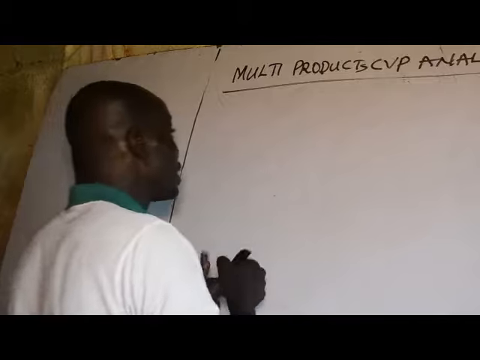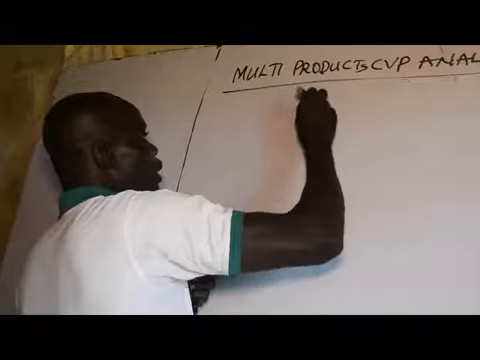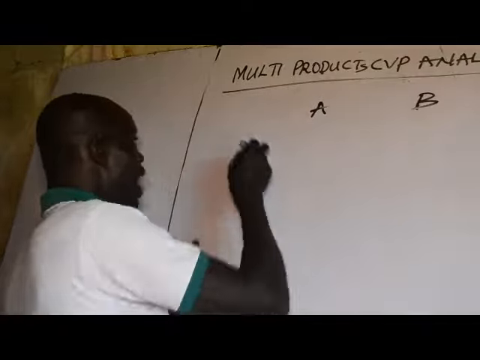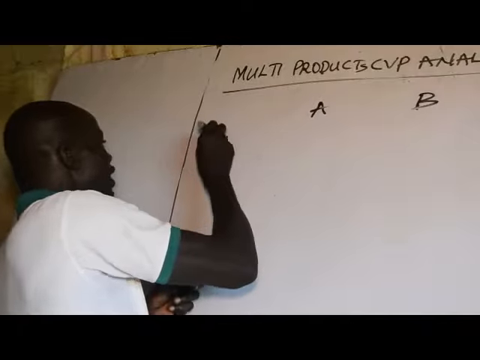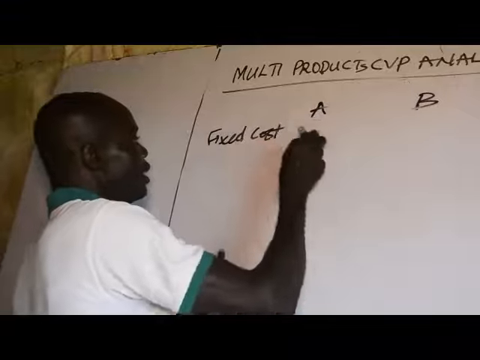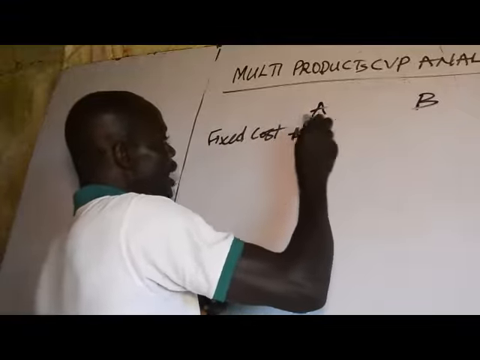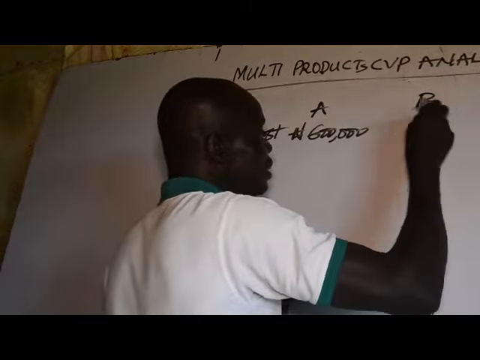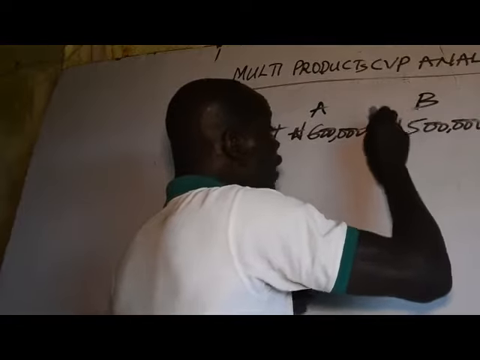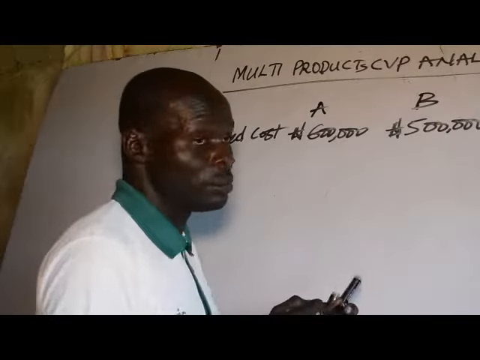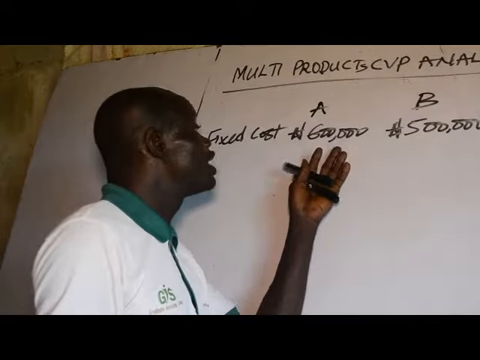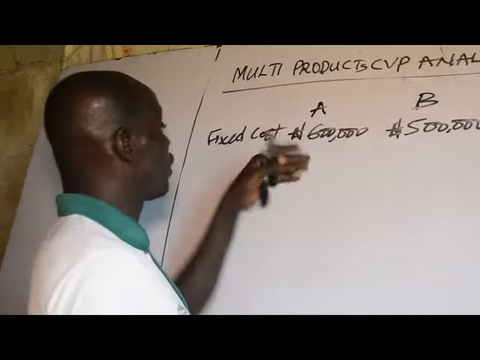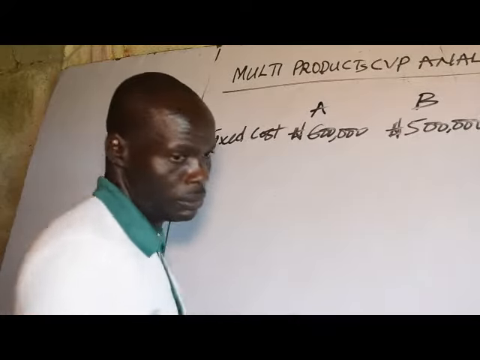Maybe you have product A and product B. If you have total fixed cost, if this one is 600,000 and for product B is 500,000, and where the fixed cost for the individual product are given, you are still going to solve the question the same way we have considered for single products.